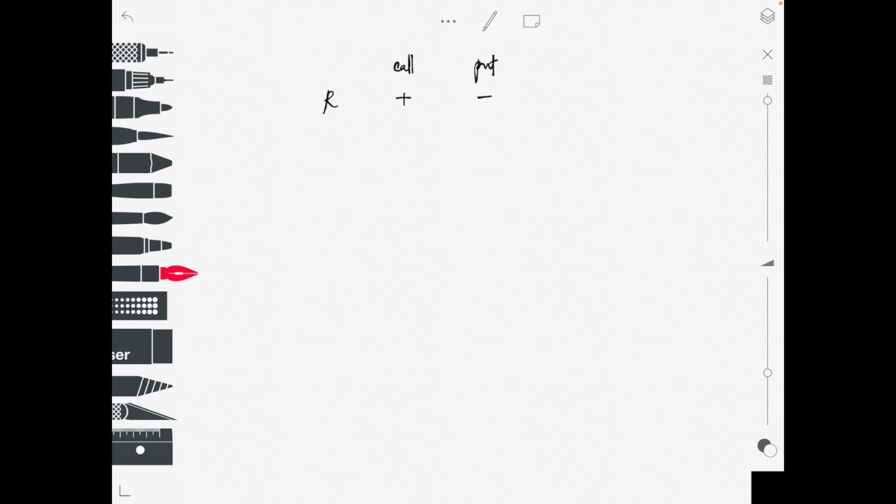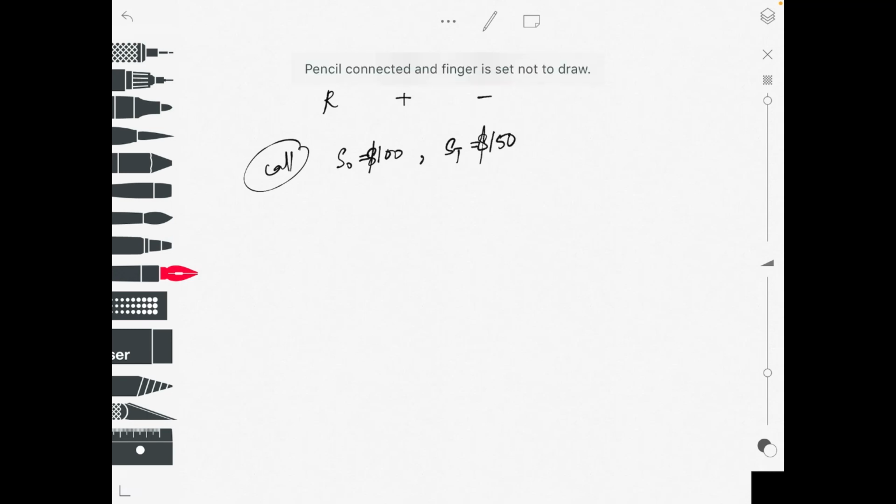Let's talk about the call first. Normally we buy the call when we expect that the stock price will go up, right? So for example, today the stock price is $100, and we expect that after 1 year it will increase to $150.